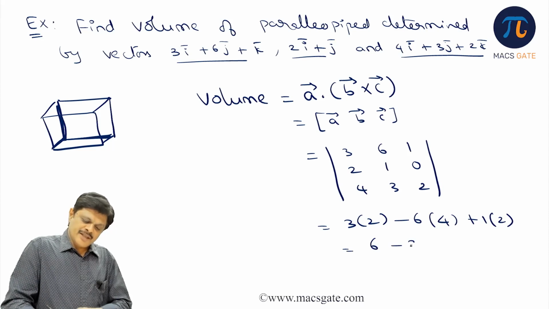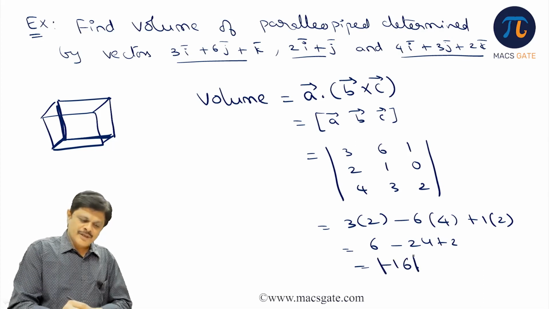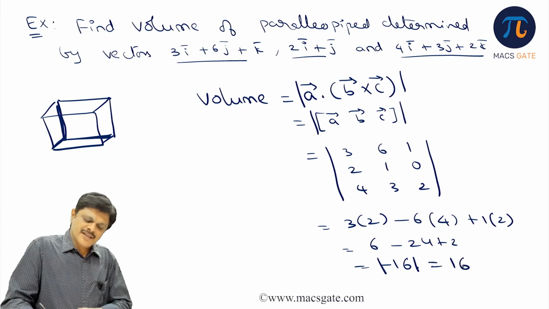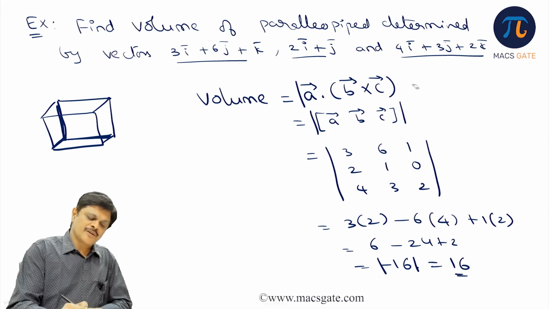So this is 6 minus 24 plus 2. So 8 minus 24 is minus 16. See, we have to take the absolute value of this. This is volume, so we should not get a negative. So that is the absolute value. So what is the answer? 16. The formula is the absolute value of this.